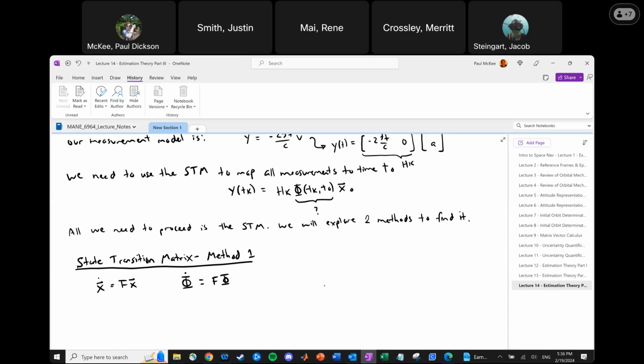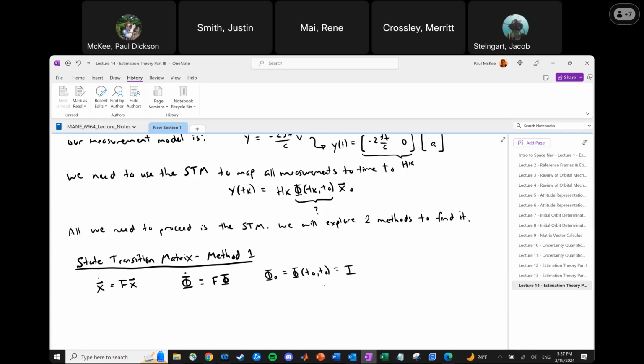So that's an interesting bit of information that we're going to use in a moment here. We also know that phi naught, which is to say phi mapping between initial time and initial time, needs to be the identity matrix, right? If we're trying to map the state from some time to the same time, then we need to leave it alone. And the identity matrix is the matrix that leaves things alone. It's the equivalent of the number one in matrix land.